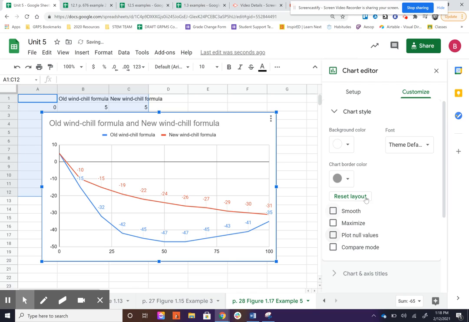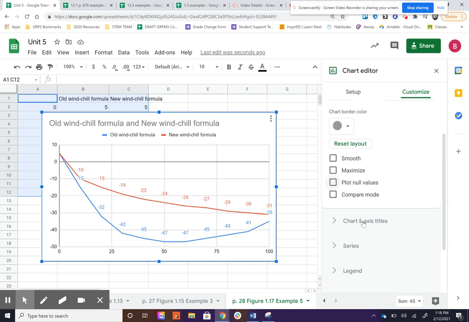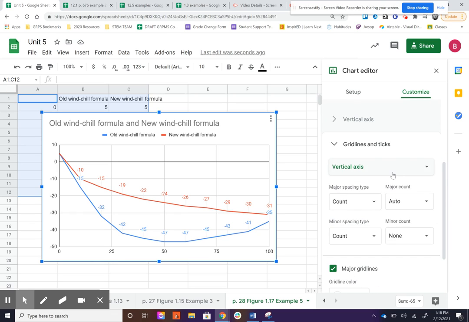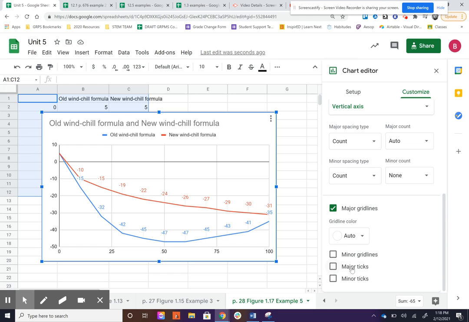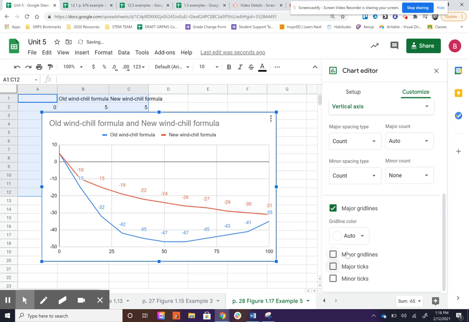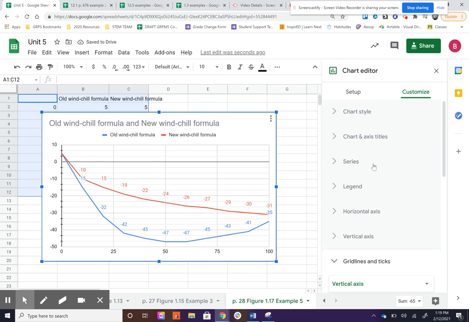I want grid lines and ticks. Let's see what we get here. Oh, this will just show. So if you go to grid lines and ticks, it'll show ticks on the axis there, minor grid lines. And it just allows you to take a look at the y-axis a little bit nicer.